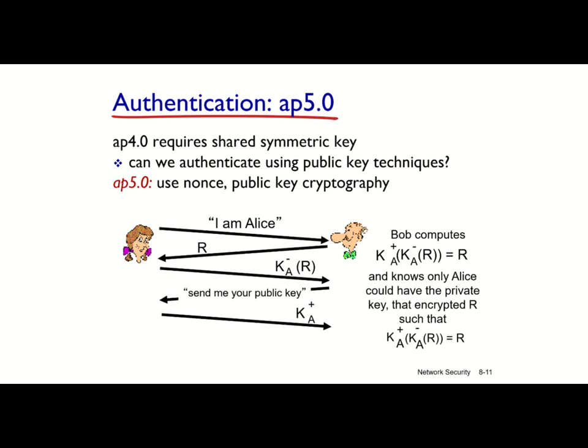Then he compares it to the random number nonce R that he created originally, and if these two numbers are equal, he proves that only Alice can have the private key, and obviously Alice has to be live, and therefore we can authenticate the sender of a message using AP 5.0.